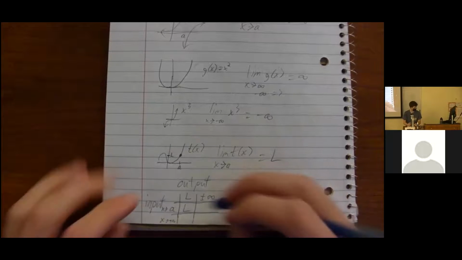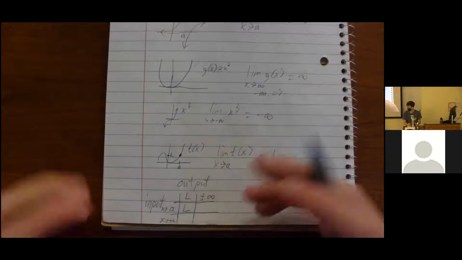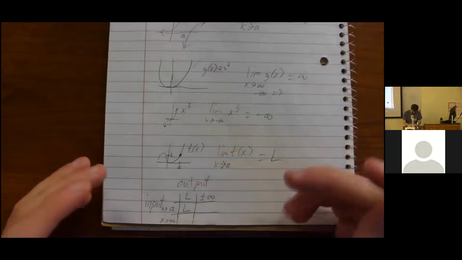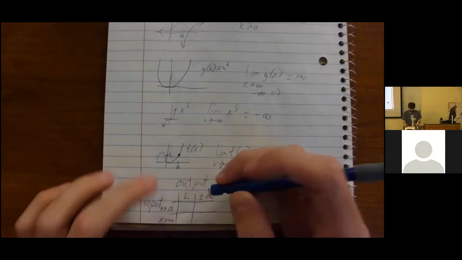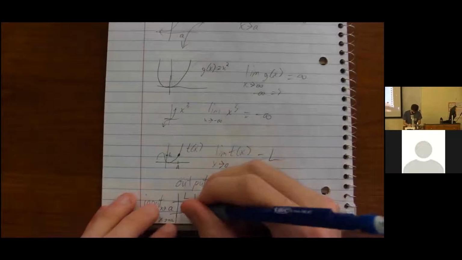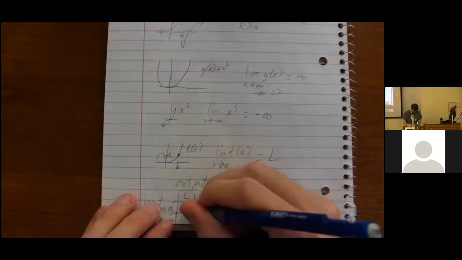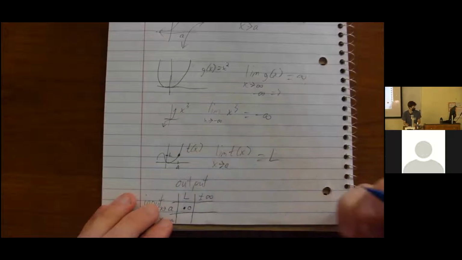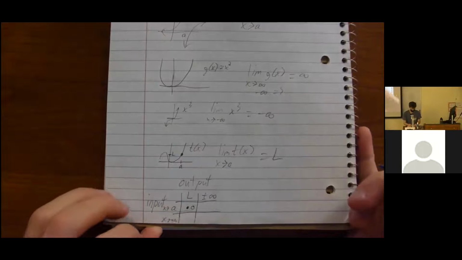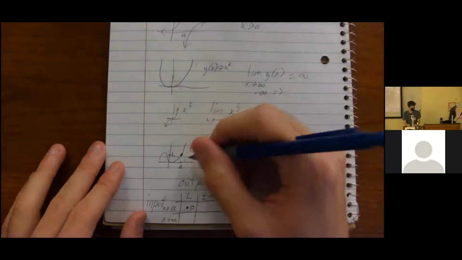It basically means we have a point, like a set of points. So instead of L, I'm thinking it's more just a point, or there could be a removable discontinuity there, or it's just a circle.